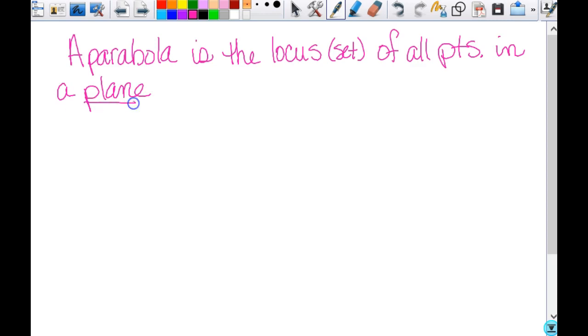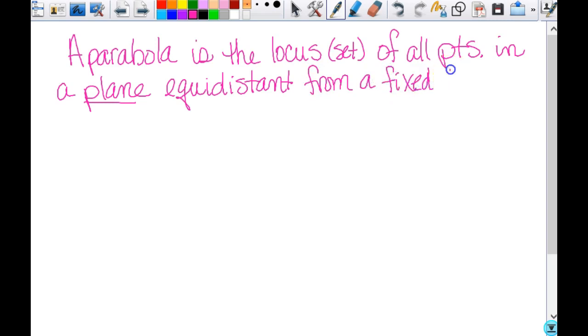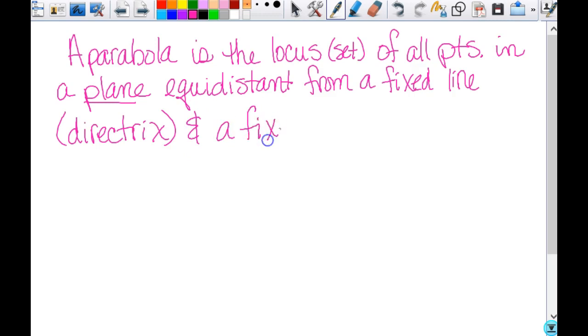In a plane, equidistant from a fixed line, and then it says call the directrix. We'll just put it in the parentheses. That way it's less to write. It's still a lot to write, I know. And a fixed point, which is the focus.